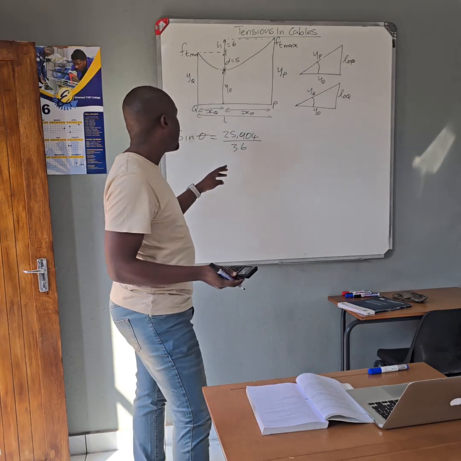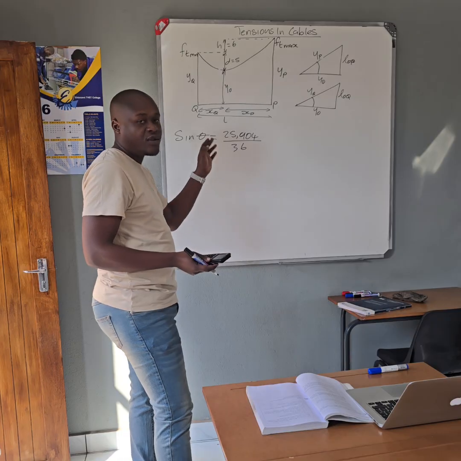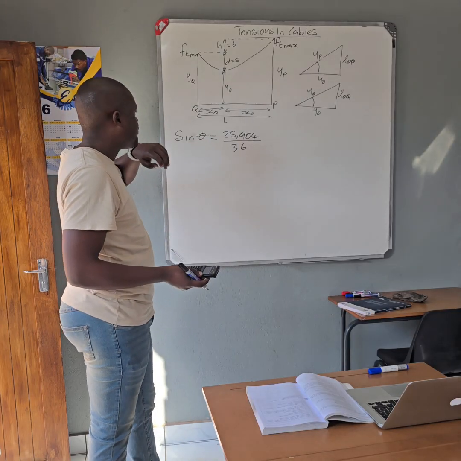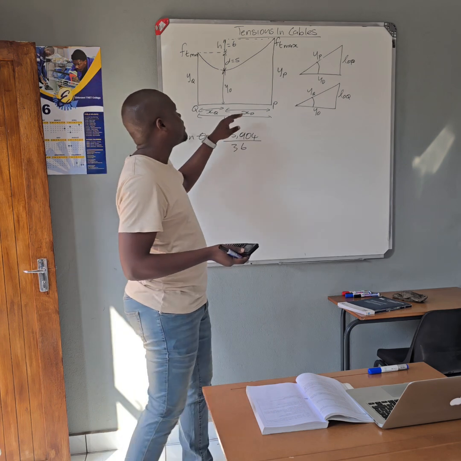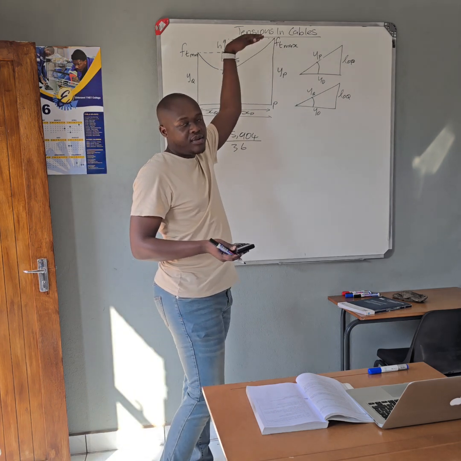Why are we using 25, not the 16 point something? We want the maximum slope of the cable, right? So the maximum slope will be this side.